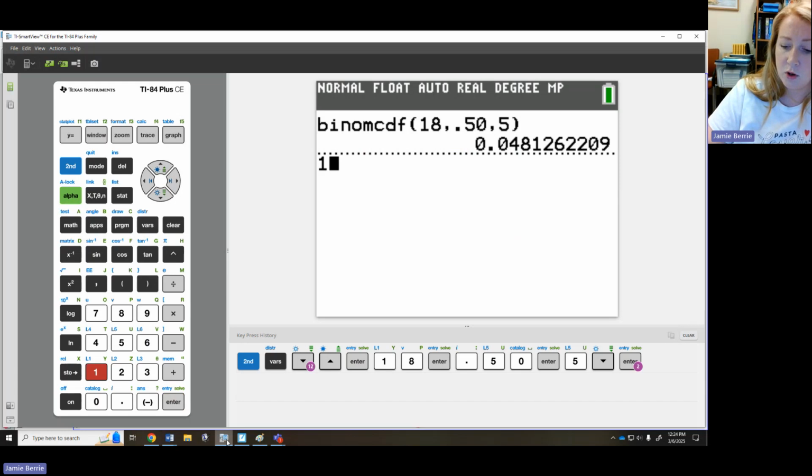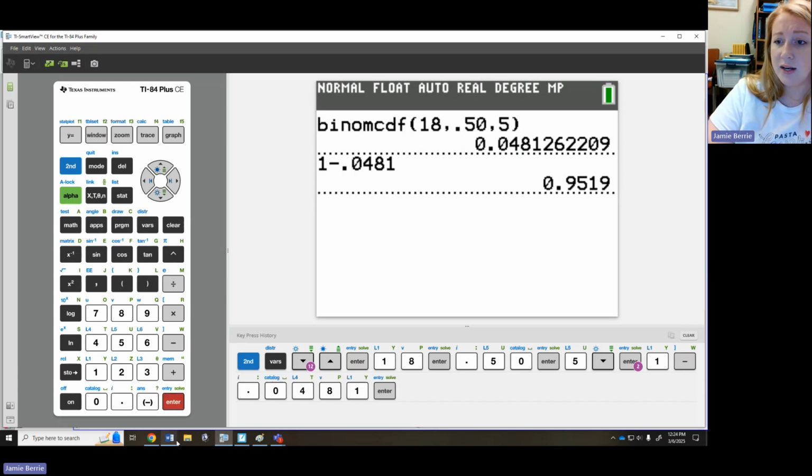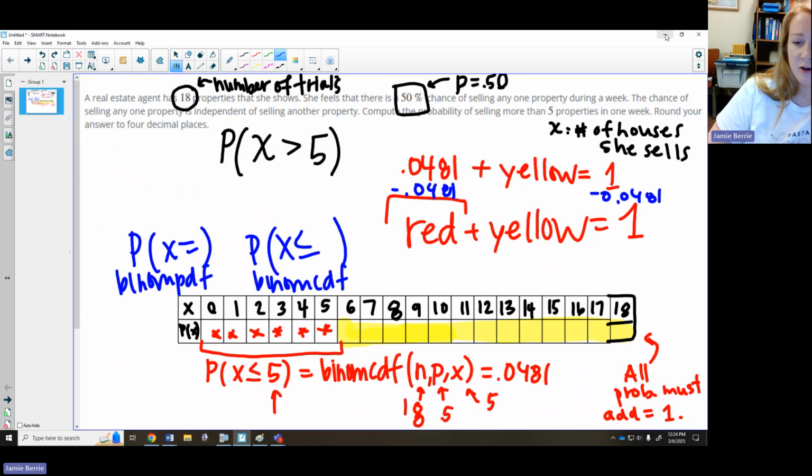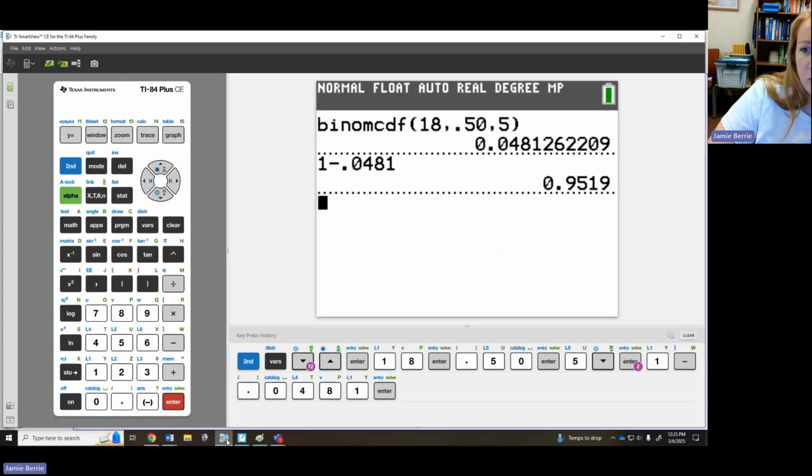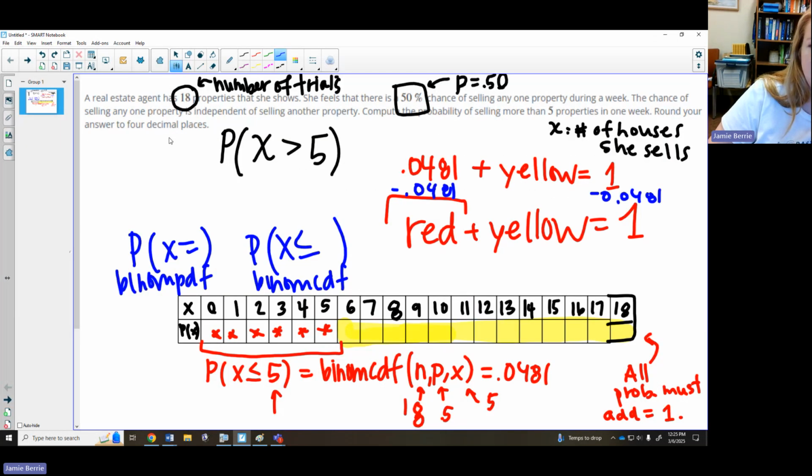All right, so 1 minus 0.0481 is 0.9519. So that tells me that the probability that x is greater than 5 is 0.9519.